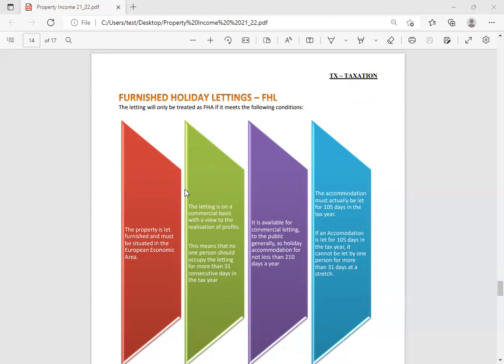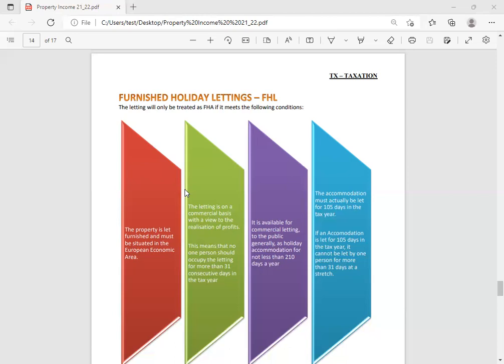But in tax, if you want to claim a property as an FHL, furnished holiday letting, it must satisfy all of these conditions, not only one, all of them.